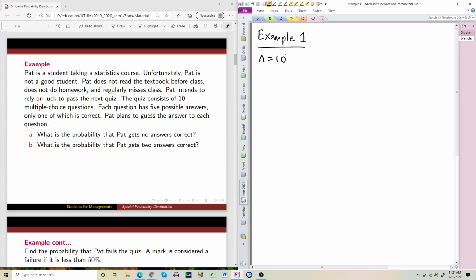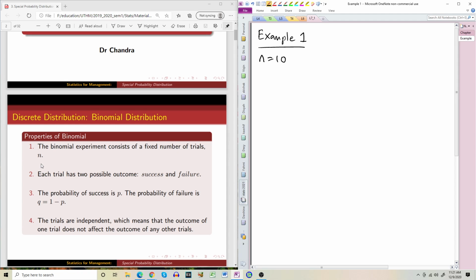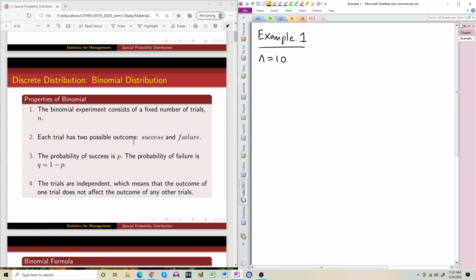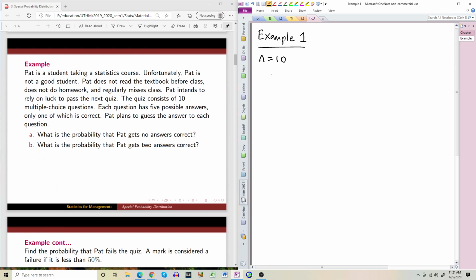Each question has 5 possible answers, only one of which is correct. So n is 10. The second one is what? Each trial has 2 possible outcomes, success and failure. Success here is answering correctly, and failure here is answering incorrectly.